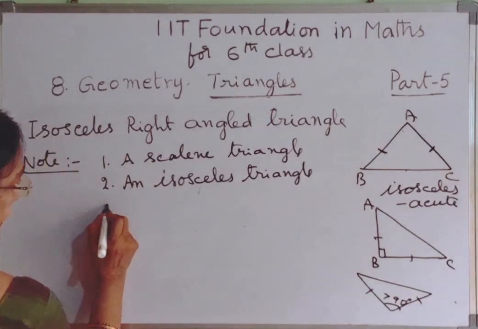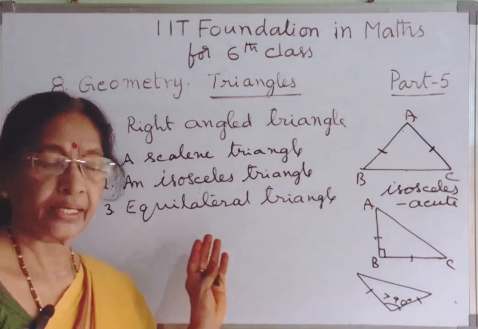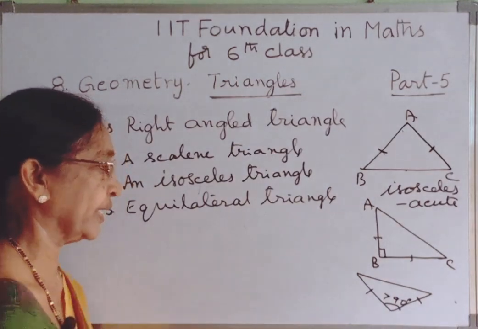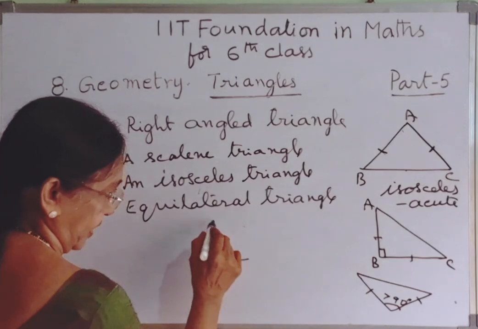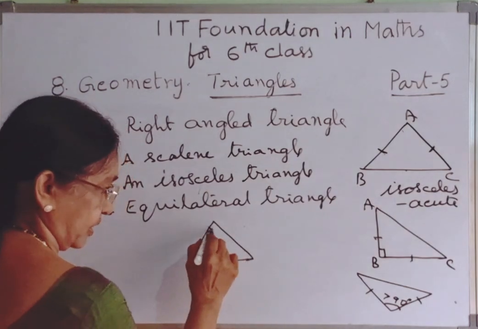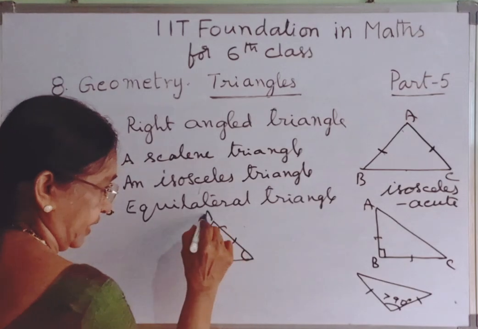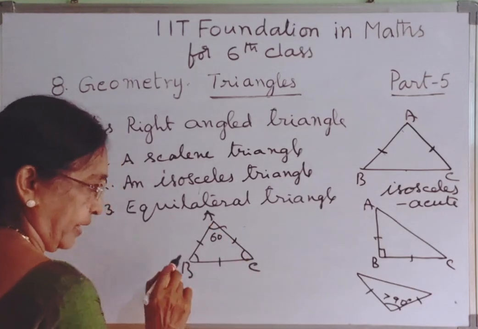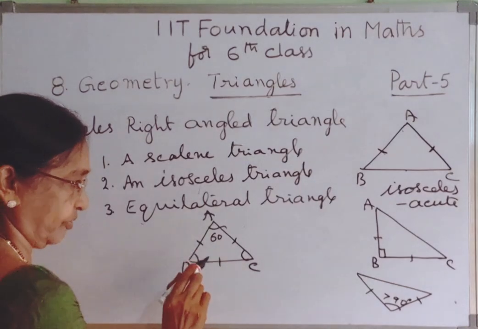Next, equilateral triangle. An equilateral triangle cannot be a right angled triangle because the three sides are equal and the three angles are also equal to 60 degrees. Let it be ABC. An equilateral triangle means a triangle whose three sides are equal.